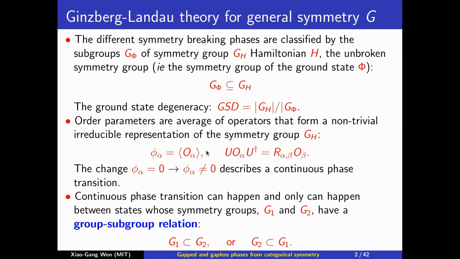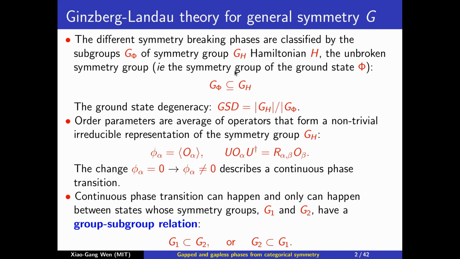According to Ginzburg-Landau theory, the different symmetry breaking phases are classified by a group-subgroup structure. The group G is a symmetry of the Hamiltonian, and H is the unbroken symmetry of the ground state.